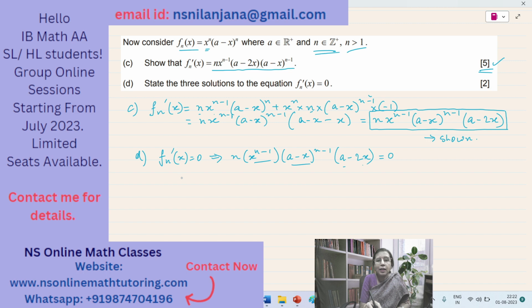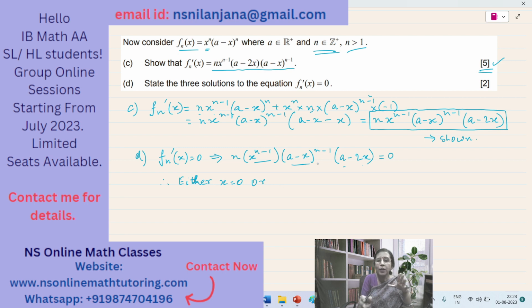So this gives us, therefore, either x is equal to 0, from x to the power of n minus 1 equal to 0, or (a minus x) whole raised to the power of n minus 1 equal to 0; n is a positive integer greater than 1, so n minus 1 is not equal to 0 or a negative number.